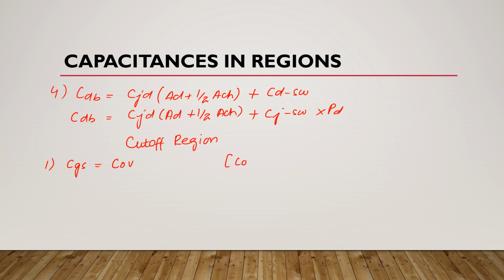We know that overlap capacitance is equal to capacitance of oxide layer multiplied by area of overlap. It means here this gate to source capacitance is equal to capacitance of oxide layer multiplied by area of overlap, and we know that this area of overlap is equal to width multiplied by length of overlap.